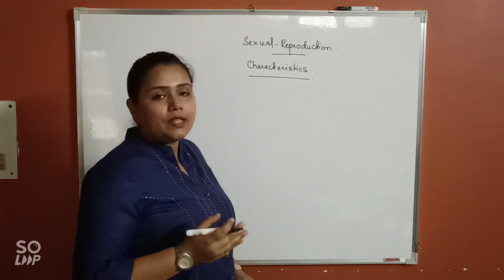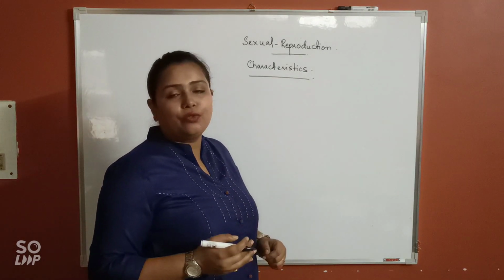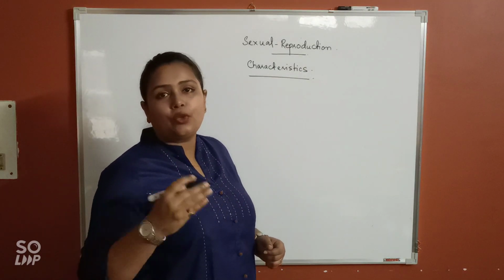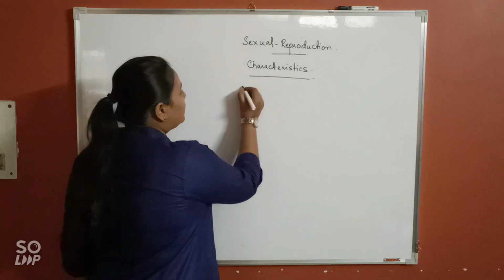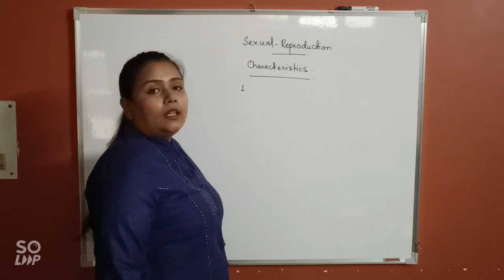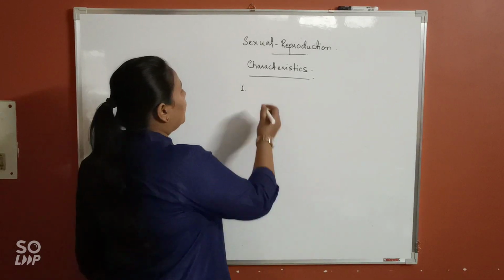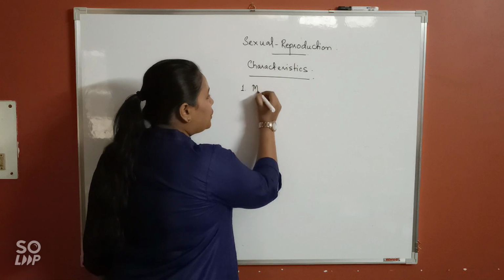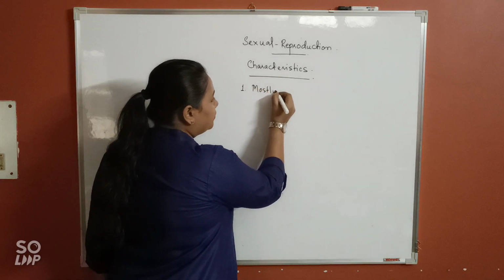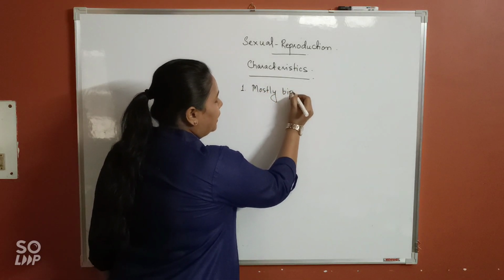The characteristics associated with sexual reproduction will be exactly opposite to what we have discussed in asexual reproduction. Like, first, in sexual reproduction there will be two parents mostly involved. So it is mostly biparental.